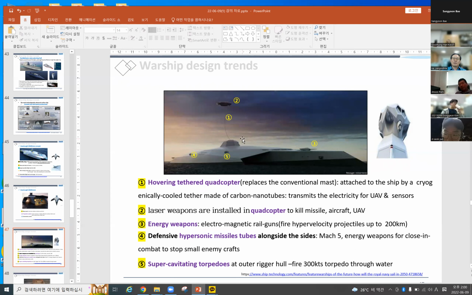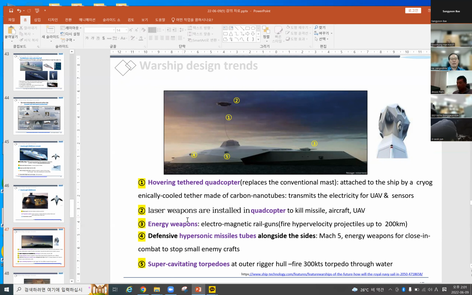So inside the water is the whole ship body and the hovering tethered quadcopter uses the tethered line outside of the sea level, then they can contact and attack against some drones, airplanes, and many missiles with high level, high energy laser beams like that.